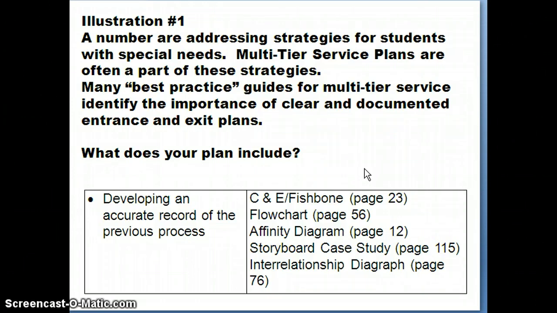Now, because this process of multi-tiered service plans is not a new concept. It's been around for 50 years. So the idea that you're seeing in the literature that this is a new thing off the market is not really true. And it means with lots of processes.